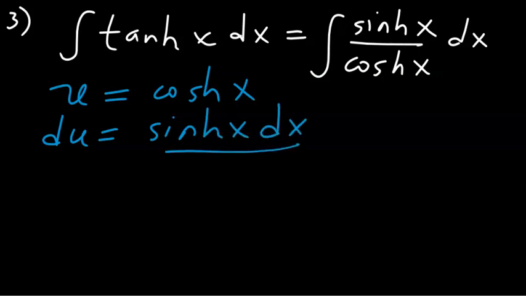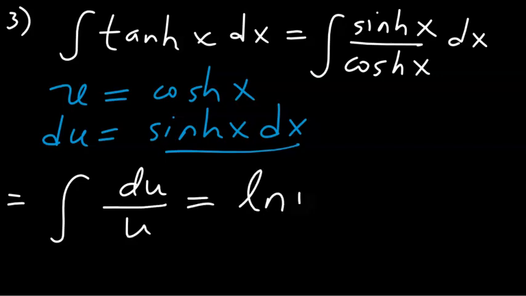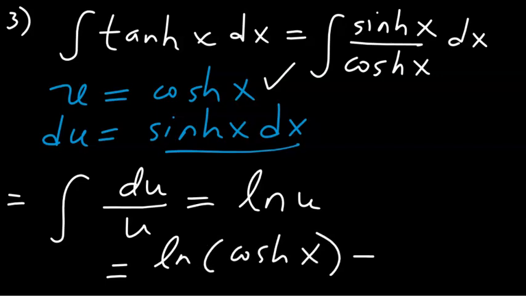So this is what appears in the numerator. So your integral will simply become du over u, which is natural log of u. Putting in the expression for u, which is hyperbolic cosine of x, you get natural log hyperbolic cosine of x plus an integration constant, let's say c. And that's the final answer.